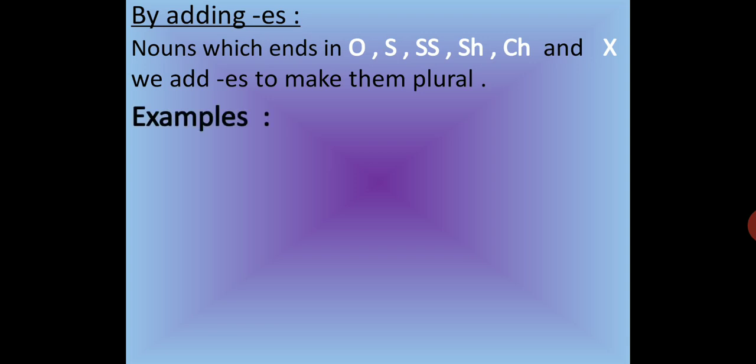Let's see some examples and then we will get clarity on this rule. A mango. A represents that only one mango is there. And what is the last letter of mango? O. So what is the rule? Whenever we find the last letter o, s, ss, sh, ch or x, we add es to make them plural.